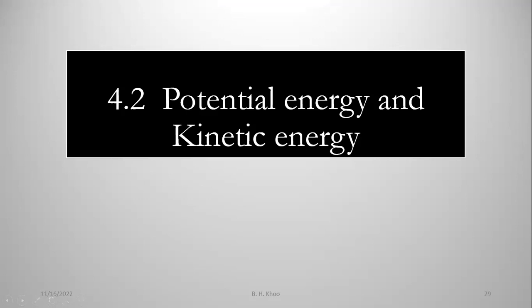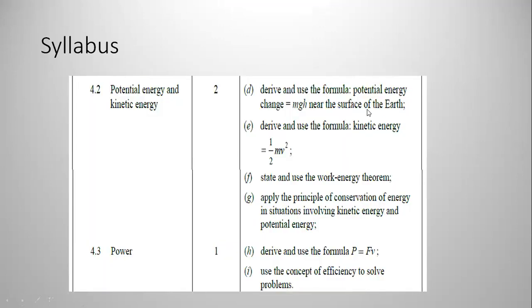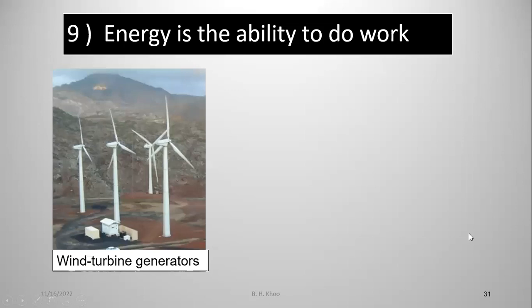Okay, let's go to potential energy and kinetic energy. We're supposed to derive it and use the formula, the same with kinetic energy, and then state and use the work-energy theorem. So we stop somewhere there, then continue on another video.